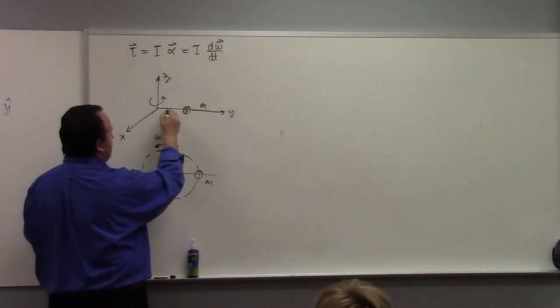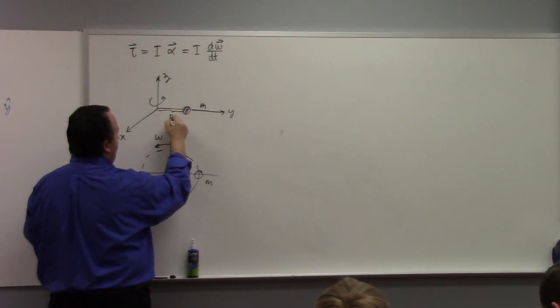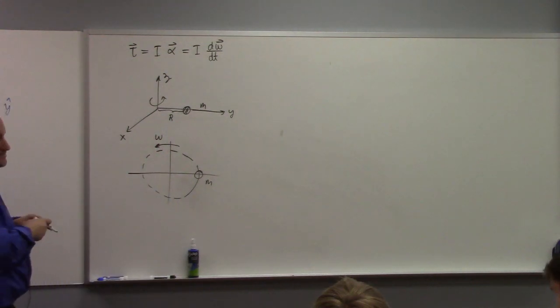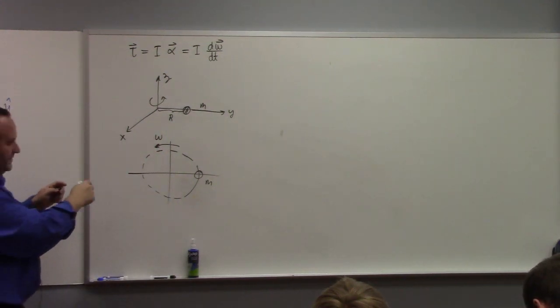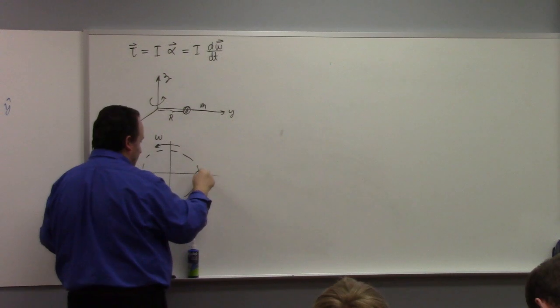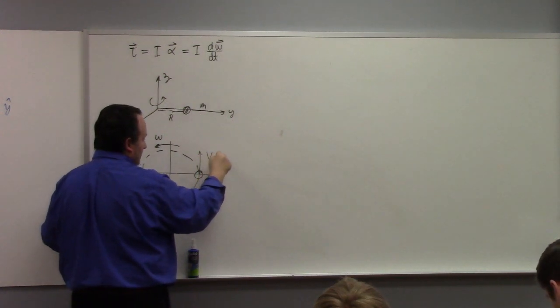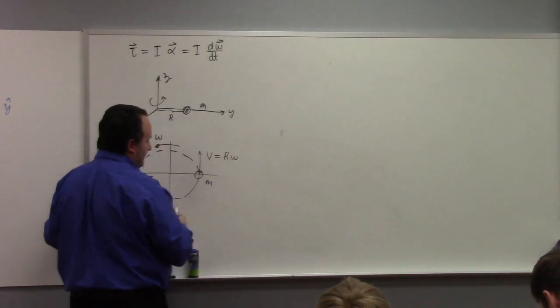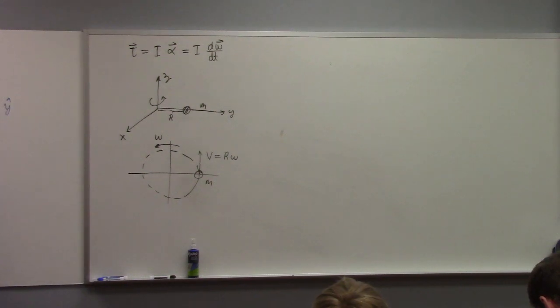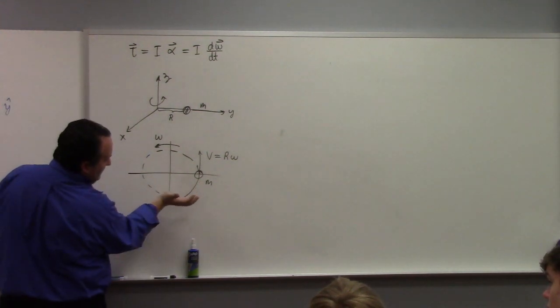And suppose that this distance right here is r, all right? So that means that the tangential velocity is what? V is r omega, right? What direction should we say that the angular velocity has in this case? The right-hand rule is the right answer. So you curl your fingers in the direction of the motion.